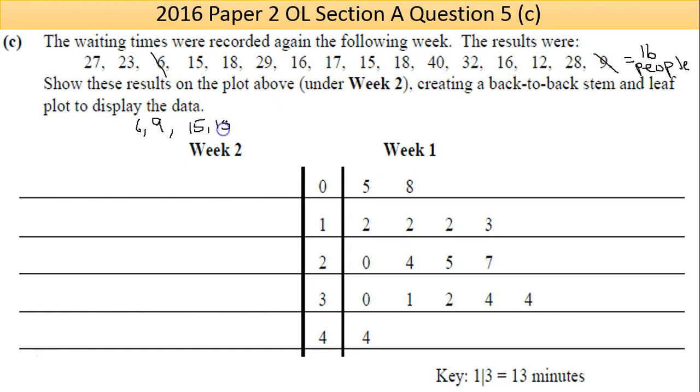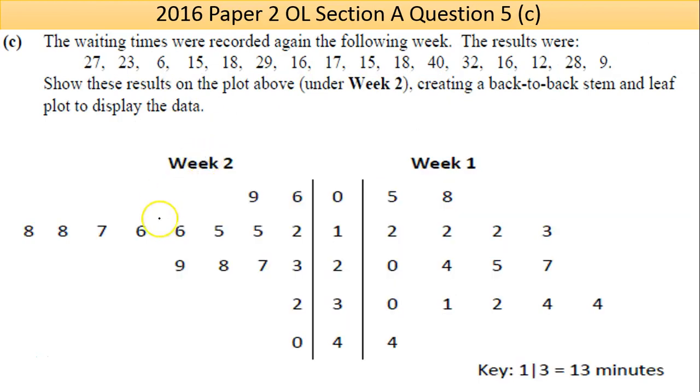You get the idea. I haven't done the next page, so I'll just put the answer in. So 06 is 6 minutes, 09 is 9 minutes, and it was 12, 2 15s, 2 16s, 1 17, 2 18s, etc. Hopefully that makes sense.